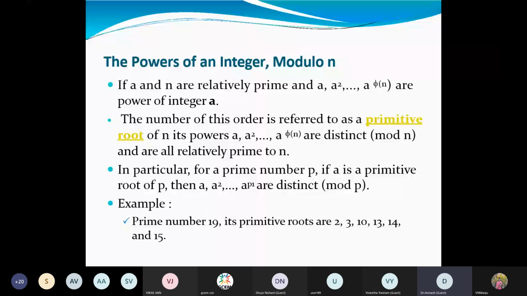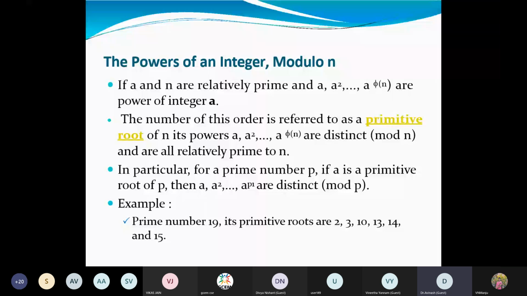So if a and n are relatively prime numbers, then with the help of the power of a, that is a square, we can obtain the different powers of the integer a. The number of this order is referred to as a primitive root of n, given the powers a square, a cube, a raised to 4, and so on.